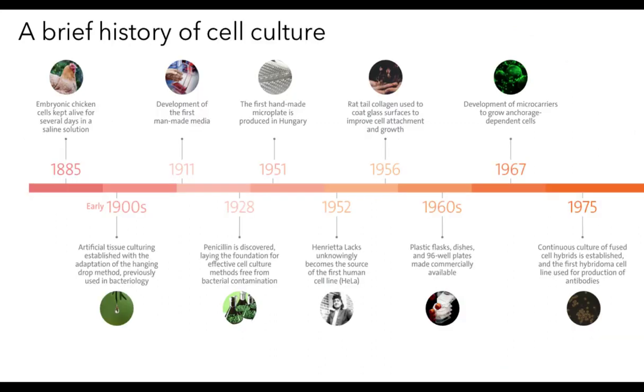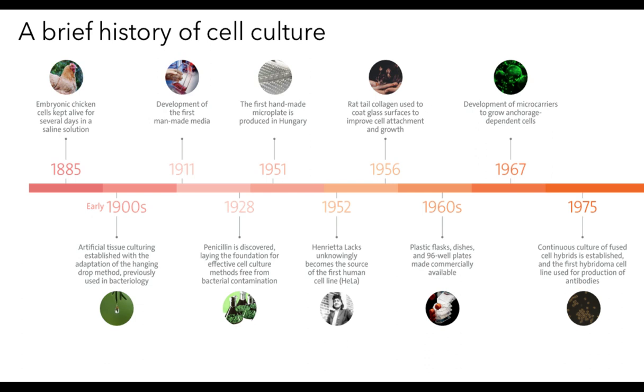So the point being, if you go back and look at the history of cell culture, and you can stretch your mind way back a couple of centuries ago, it was recognized that embryonic cells from animals such as chickens could be kept alive several days outside of the body in a salt solution. And that then led to various methods by which one could study tissues outside of the body.